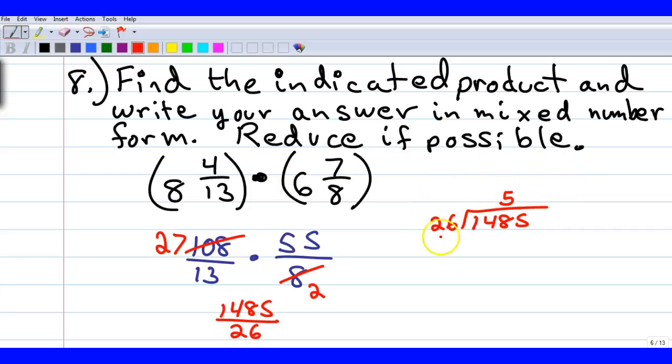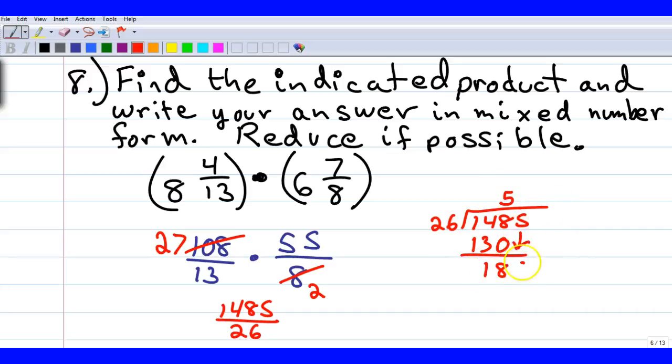If you're incorrect, you can always erase and go back. So 5 times 6 to get 30. We'll carry that over. Then I have 5 times 2 to get 10, plus the 3, so that makes 13. So I'll do my subtraction. I'm left with 18.